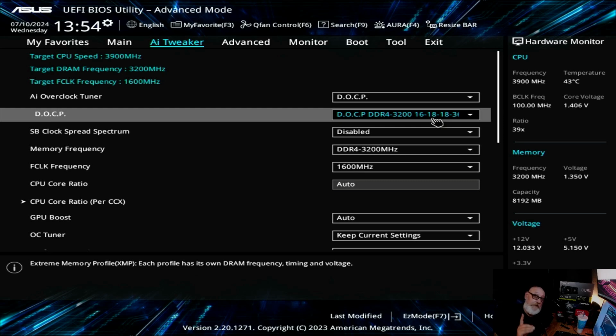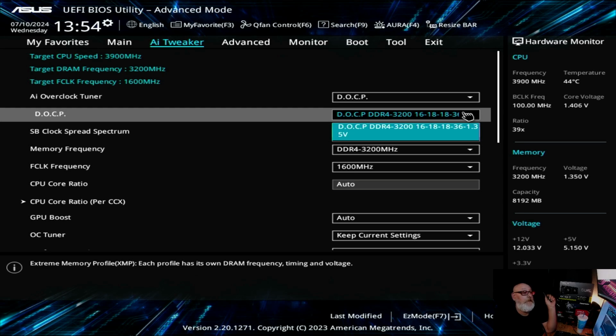The reason why I'm telling you it's good to have the timings of your RAM is because you know the exact timings of your RAM. So when you go to hit like DOCP, you can make sure it matches up with your RAM timings on your RAM stick.